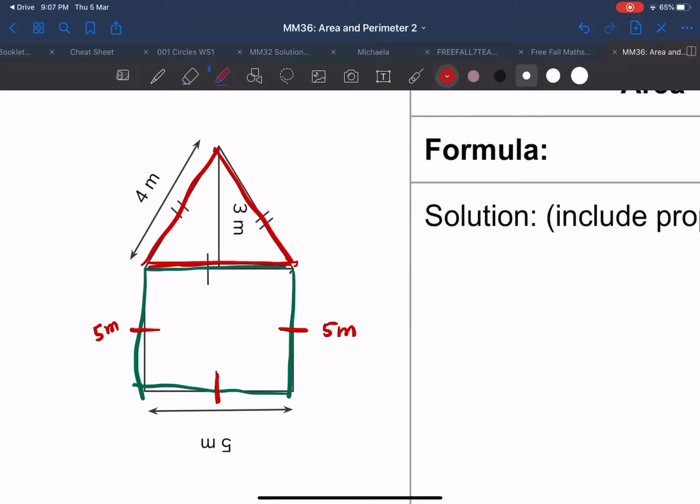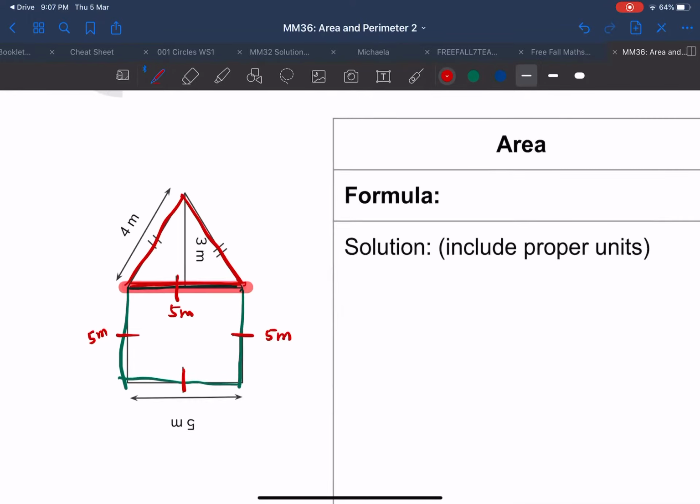Because it is both part of the triangle and part of the square. And since it has one stroke, it also has a measurement of 5 meters.